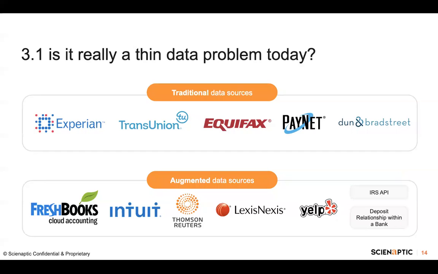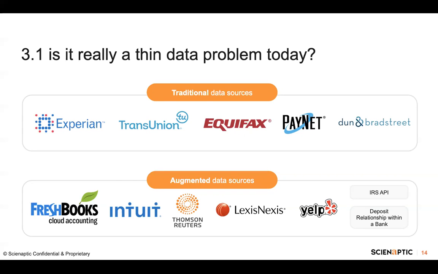But learning from the online lending space as of today, and from what information they tap into, there is plenty of information in this ecosystem that banks and the like can leverage to assess the risk, starting from cloud accounting tools that small businesses could use, FreshBooks and Intuit. Imagine the power of this data if banks have partnerships with these small businesses to share this information directly. Then they would be assessing the cash flow situation almost on a daily basis.